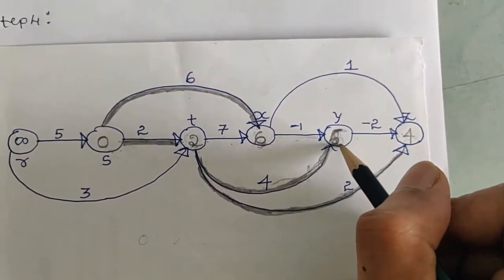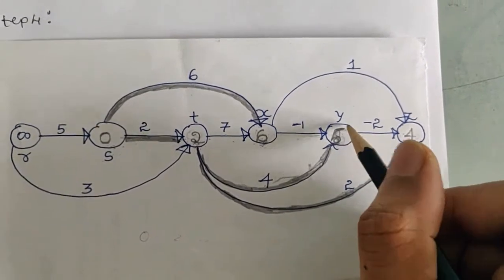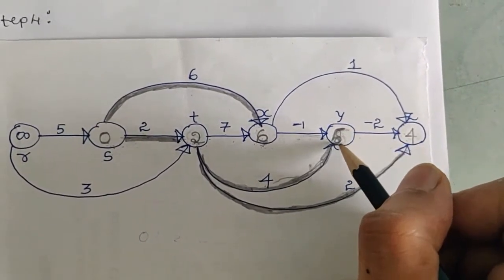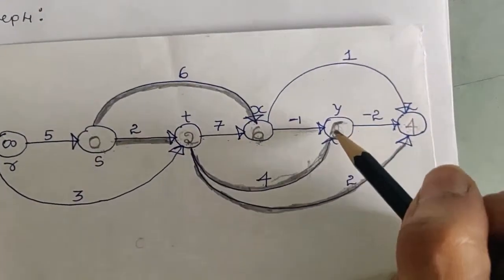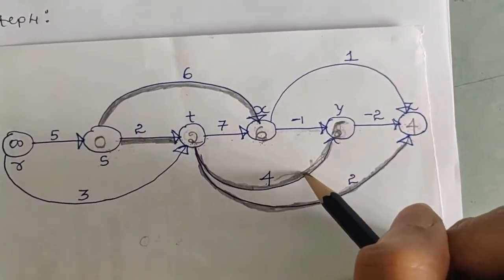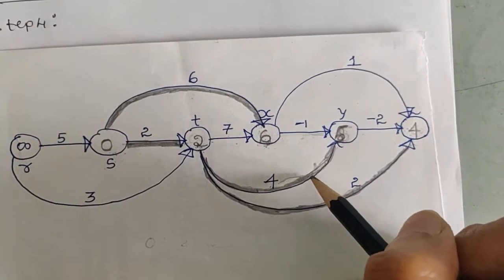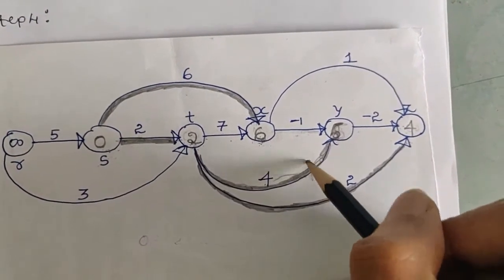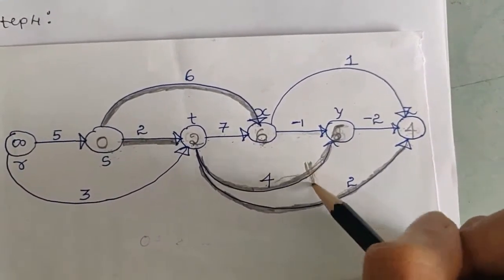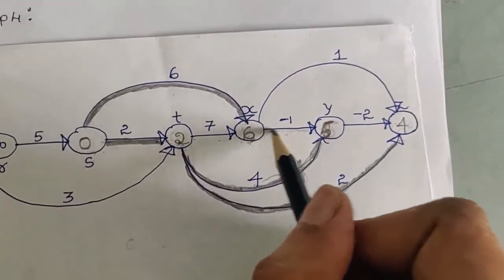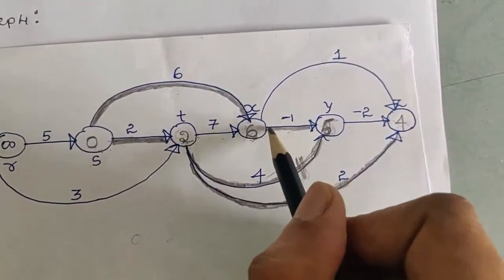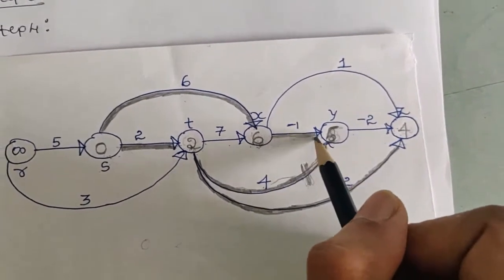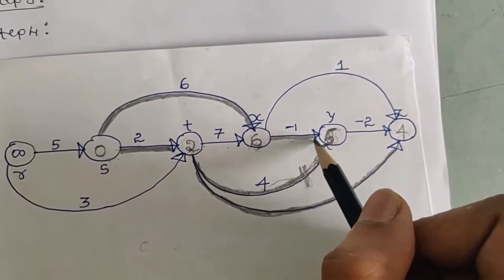This 5 is less than 6, so we are updating the node value of Y by 5 instead of 6. Now we found a new root to the Y instead of this costlier one. So we have to ignore this root, and we have to darken the newly found root. This will be the optimized one. Now we are done with the one calculation.